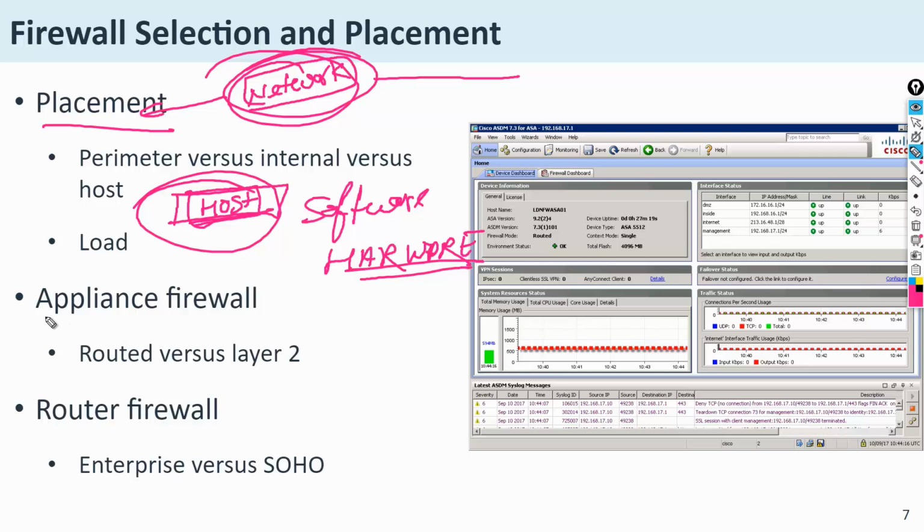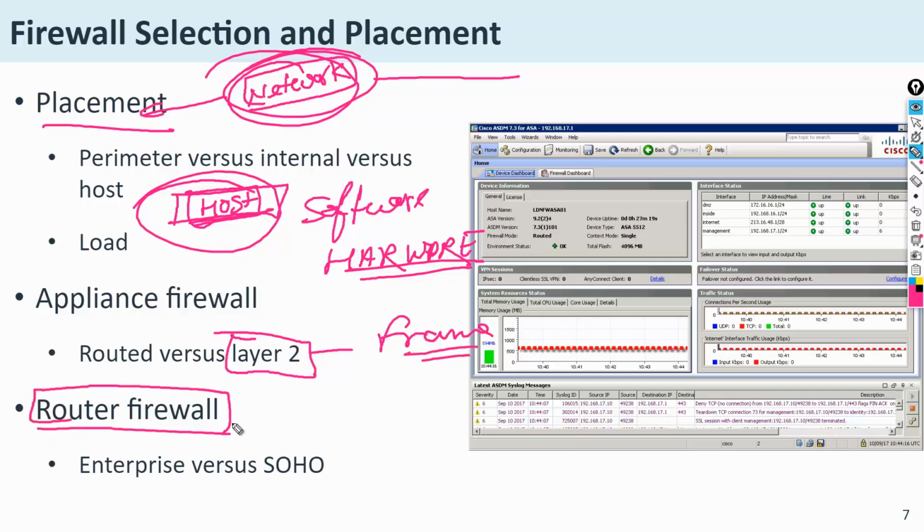Appliance firewalls are also used, some of which work over layer 2 and inspect the frame, and router firewalls inspect on the router, meaning layer 3.